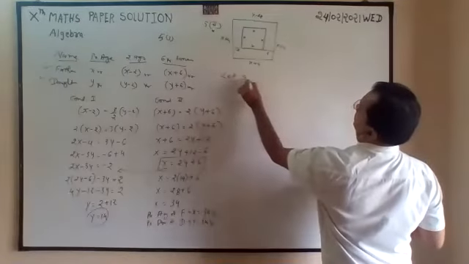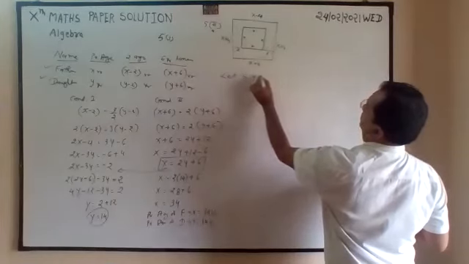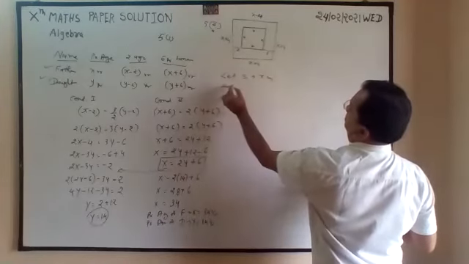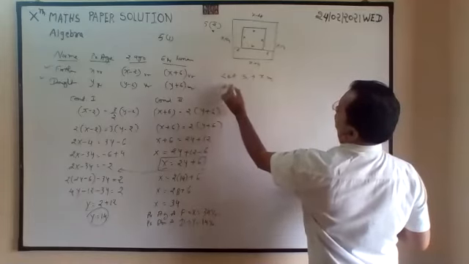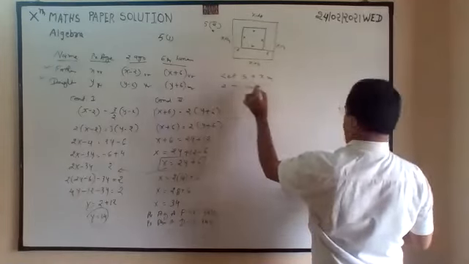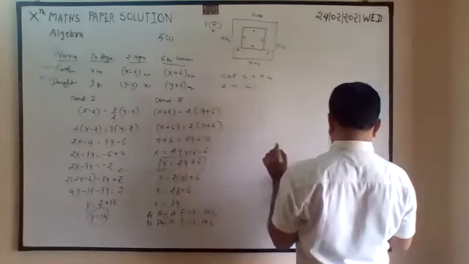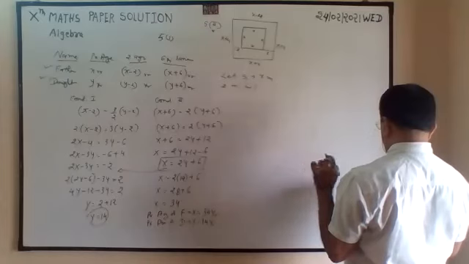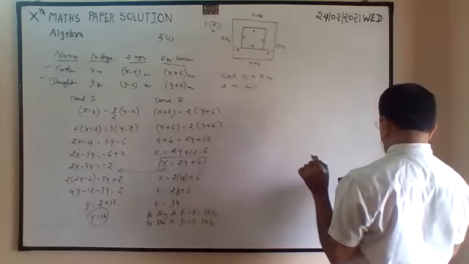Let side 1 is equal to x meter, 2 meter, 2 plus 2, no?